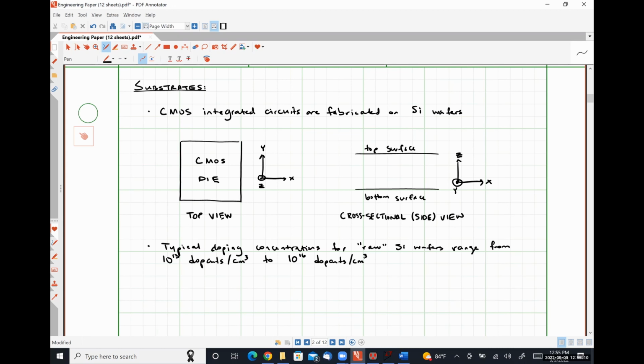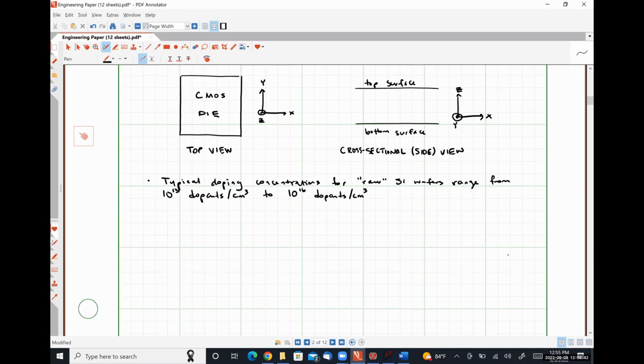We never really have highly doped wafers because we don't want to start at the upper end of the spectrum and then have to figure out how to put things on top effectively, okay? So the most commonly used wafer for CMOS circuits is a lightly doped P-type wafer where we're using the 100 crystal plane as our surface, okay?